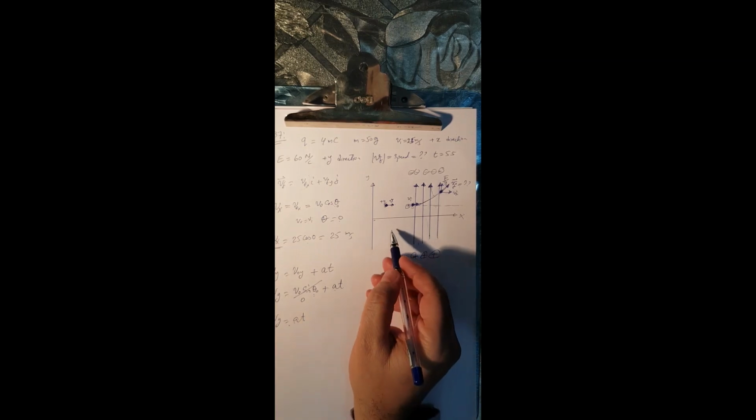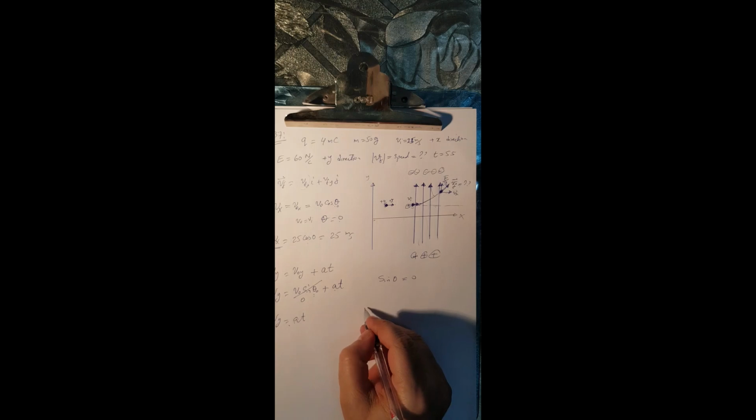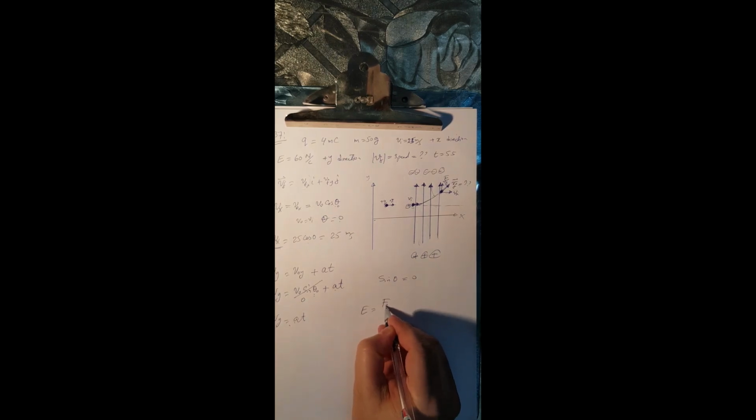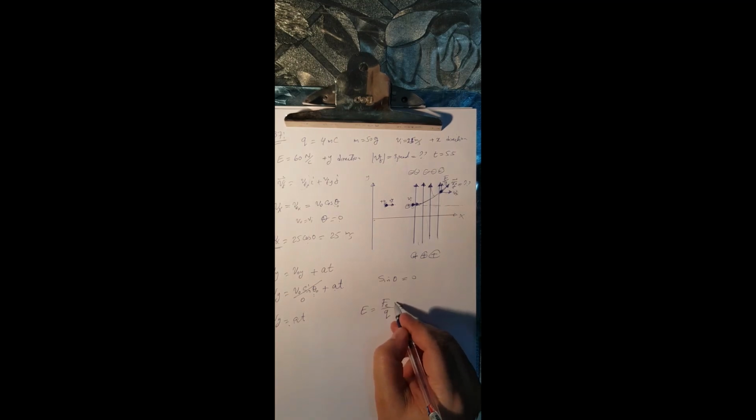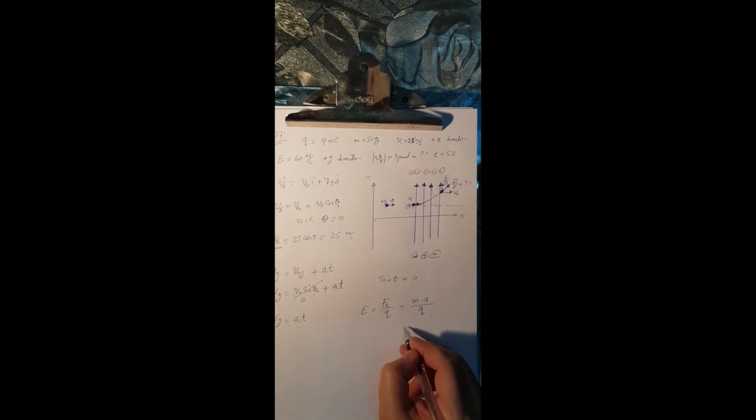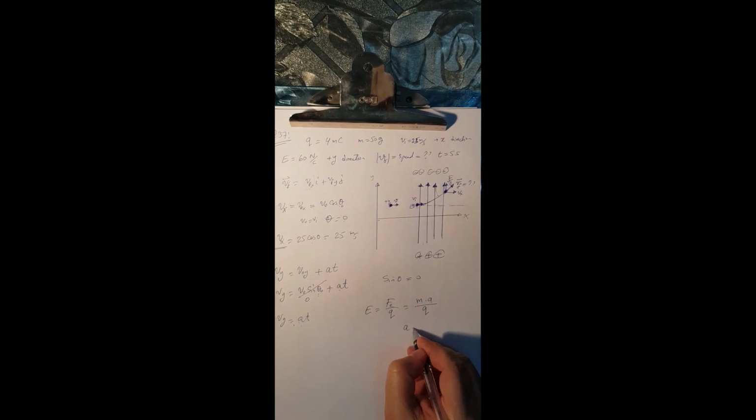From Newton's second law and the electric field. Going back to what we did before, the electric field equals the electric force over the charge, and the electric force, according to Newton's second law, is the mass multiplied by acceleration. Rearranging gives the acceleration equals QE over m.